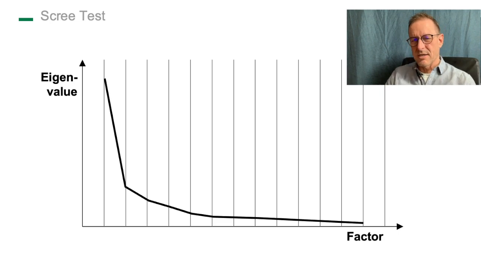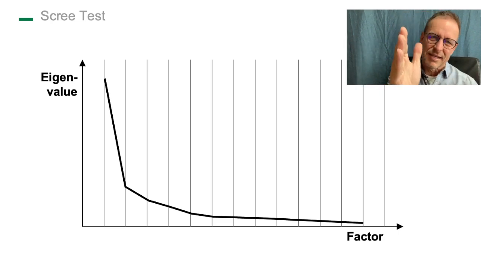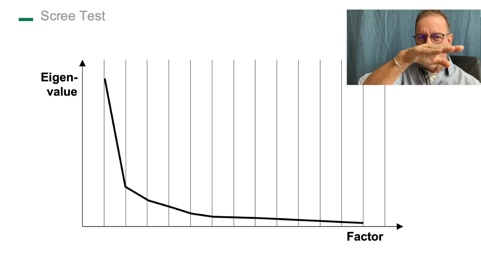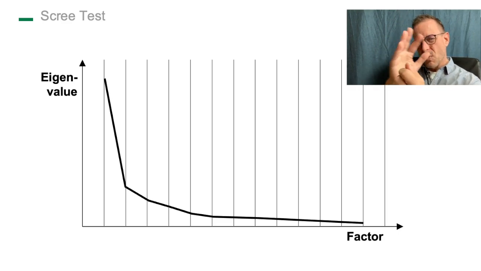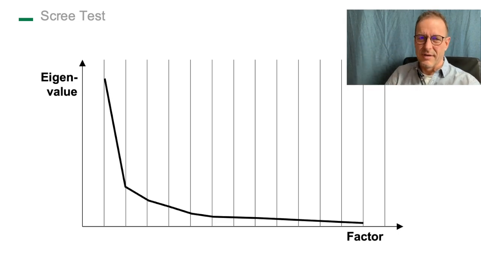You have this diagram, we name it the scree test, and you cut at the point where the line becomes horizontal. Sometimes it's one factor, like with intelligence, for instance, or 2 factors, 3 factors, and you look at the scree test and say, okay, where is the cut where things become very low with regards to eigenvalue?